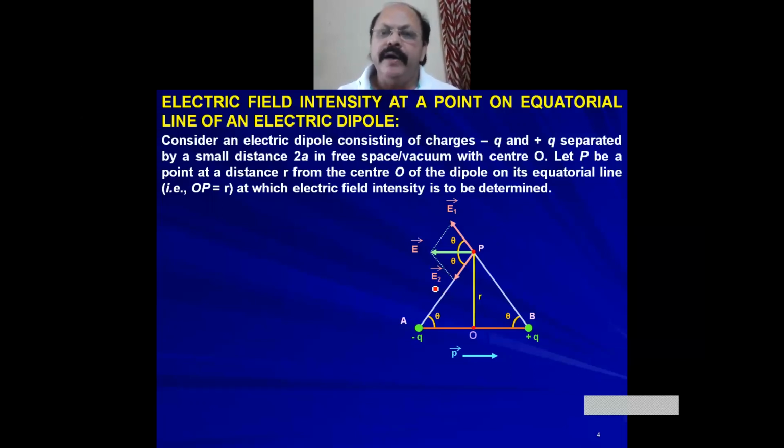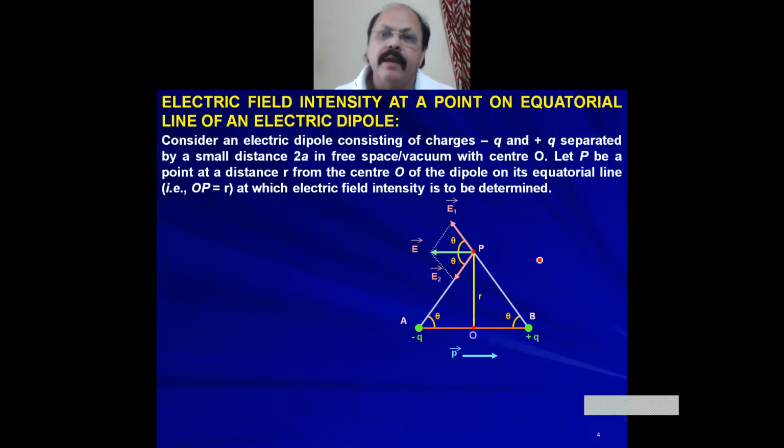We have to first find the magnitudes of E1 and E2, so you must know the distances BP and AP. By Pythagoras theorem, OB is a, OP is r, then PB is under root r square plus a square. Similarly, AP is under root r square plus a square.